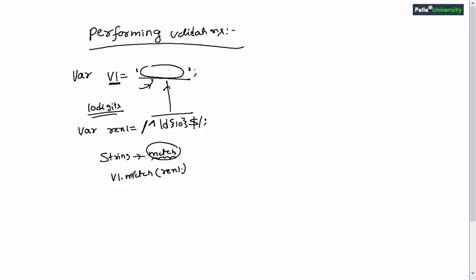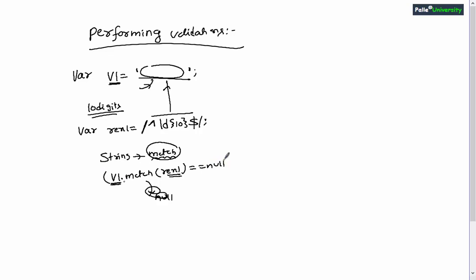So when I call the match function and pass a regular expression variable into it, this match function will give you null in case the variable's content does not match the regular expression present in the regular expression variable, right? So I want to check whether v1.match is giving null or not.